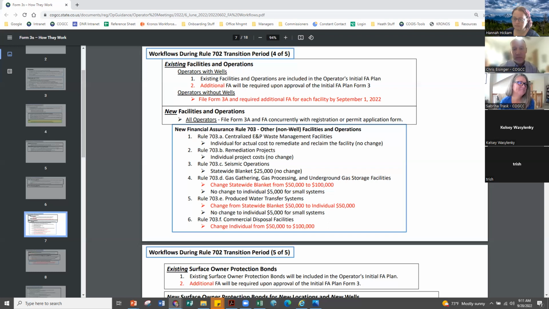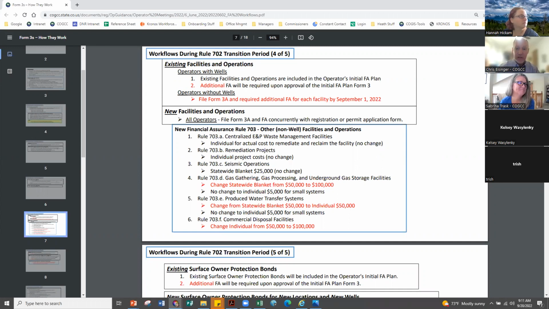There was some confusion about whether there would be a different amount for individual, but that was incorrect. This is the correct interpretation of the rules, that the statewide blanket will be from 50,000 to 100,000 for those systems.